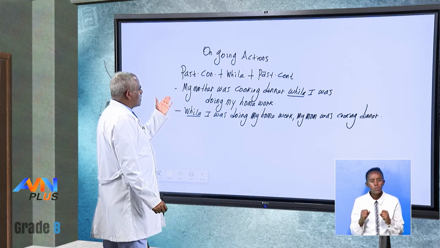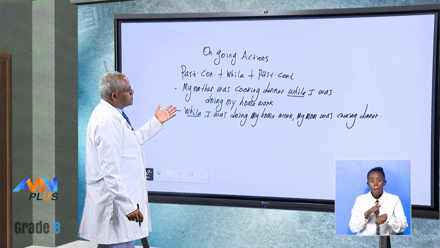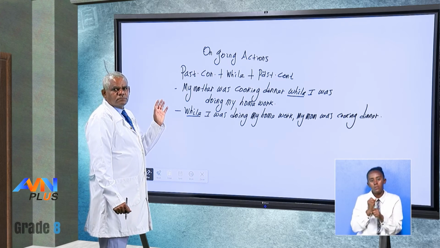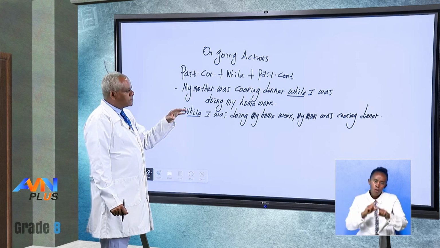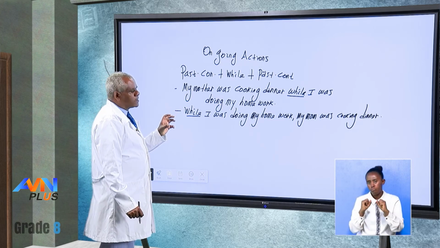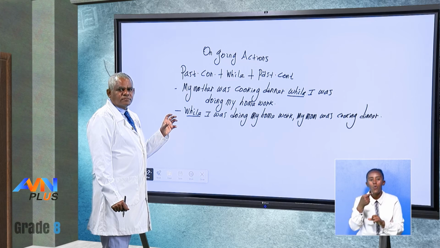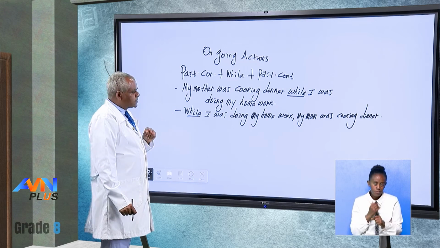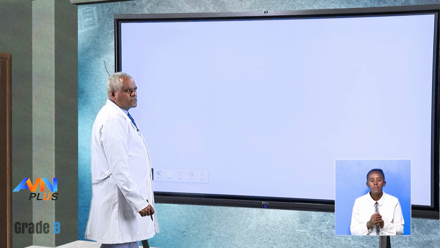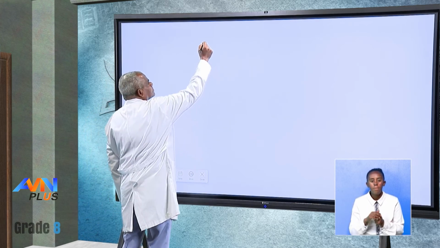In another way, while my mother was cooking dinner, I was doing my homework, also possible. There are a lot of ways to write this kind of sentence in different forms. These are ongoing actions. Good. Let's go and see the next one.